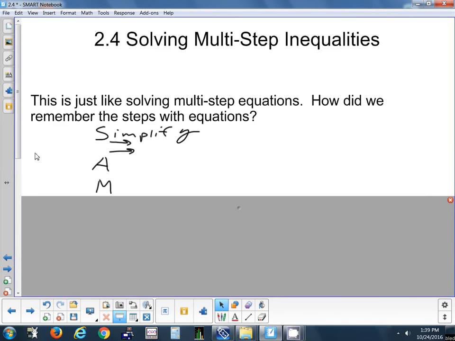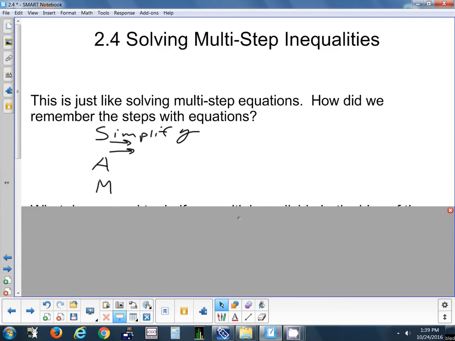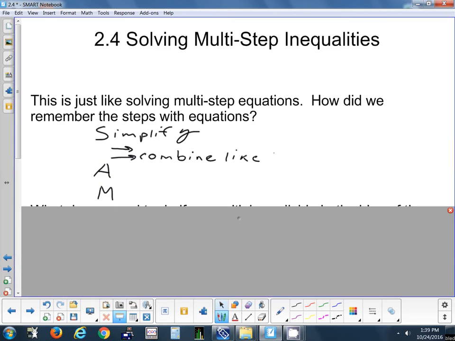Okay, there's 2 things I need to do under simplify. Does anybody remember the first one? Yeah? Combine like terms. Okay, I like that one, combine like terms. I'm going to put that as the second one. Or if you want to abbreviate CLT, combine like terms.